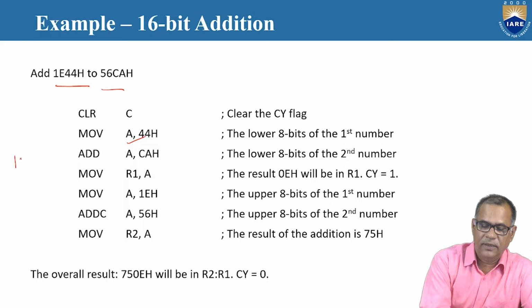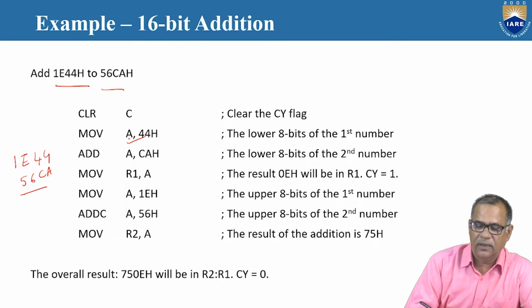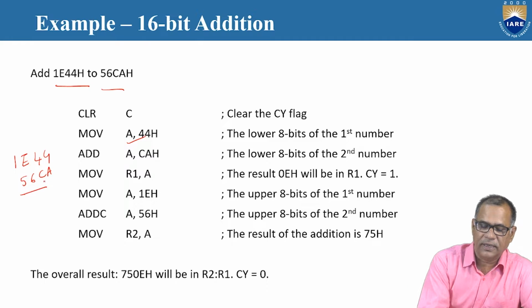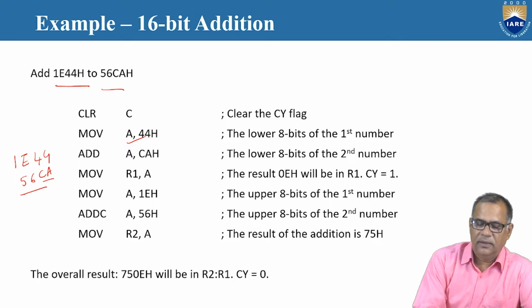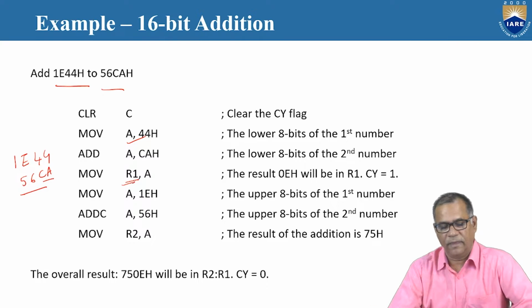We have to add 1E44 with 56CA. So 44 is moved to the accumulator. Then the lower byte of the second operand is added with the contents of the accumulator, and the result of the addition of 44 and CA is stored into the R1 register.